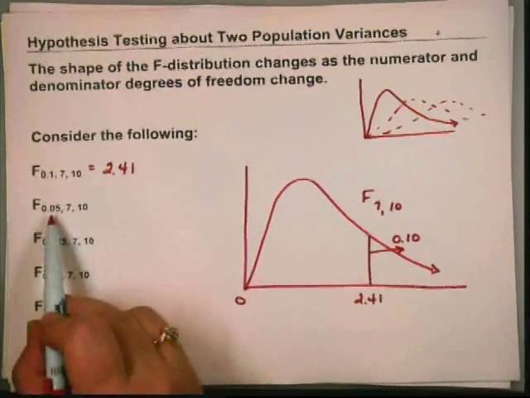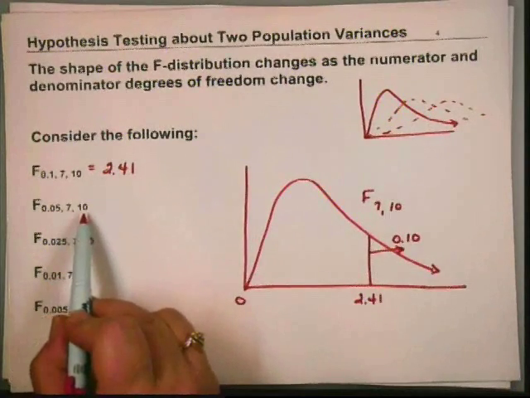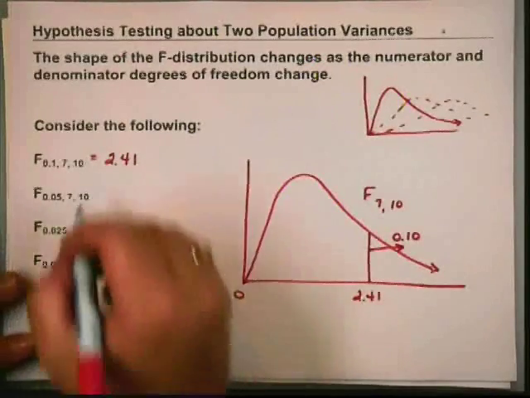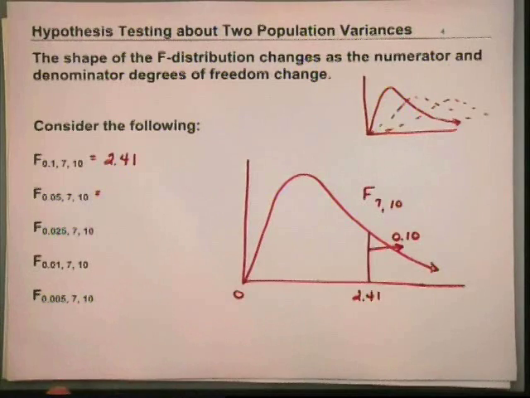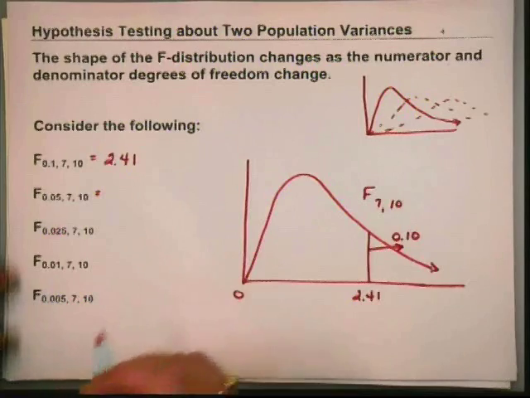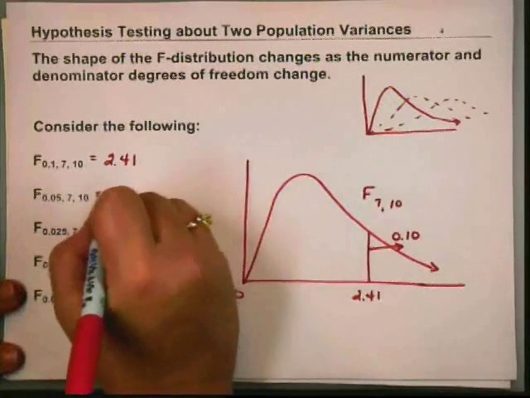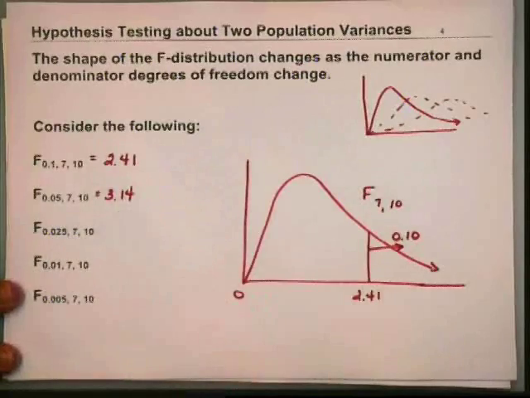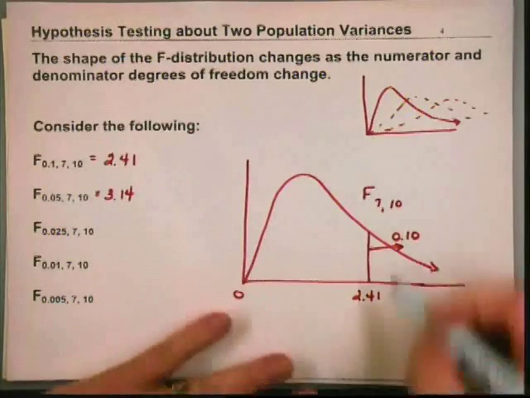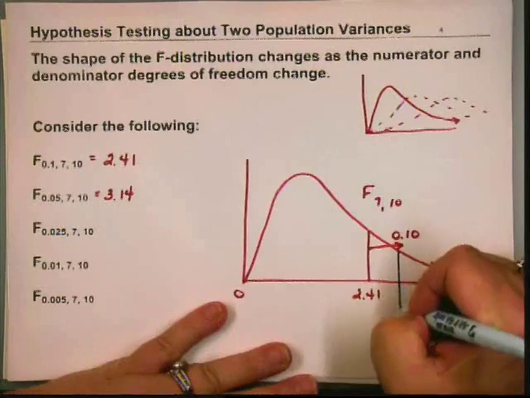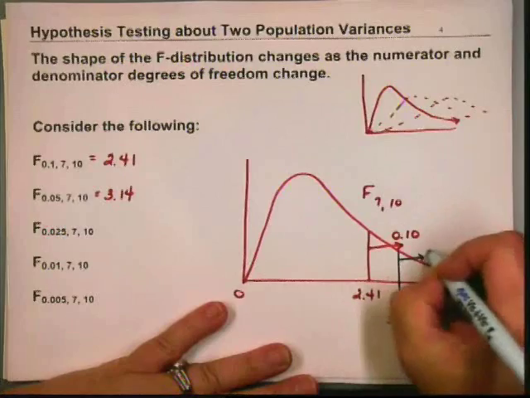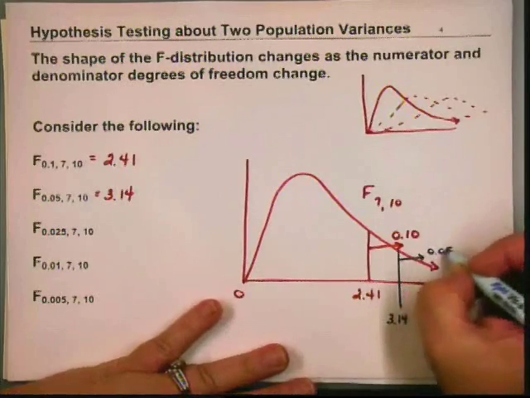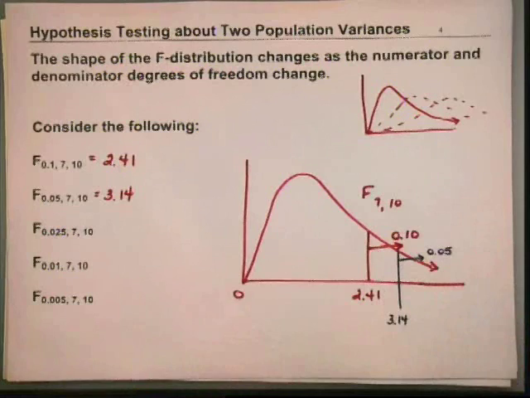All right, what's the next value? Go to the page for 0.05, column 7, row 10. At 3.14. 3.14 stays on the same curve, moves out a little farther, so the area to the right is 0.05.